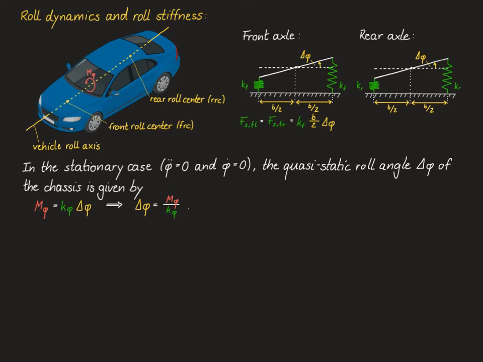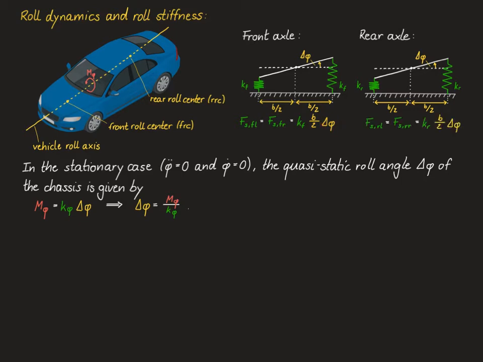Hooke's law for the two springs implies that the compression force acting on the left suspension and the extension force acting on the right suspension are identical, even though they act in opposite directions, of course, and the magnitude is given by the stiffness of the front suspensions, kf, times the compression or extension distance, b divided by 2 times delta phi.